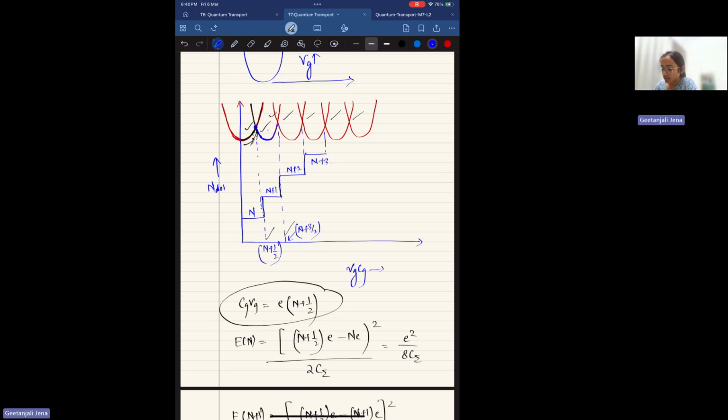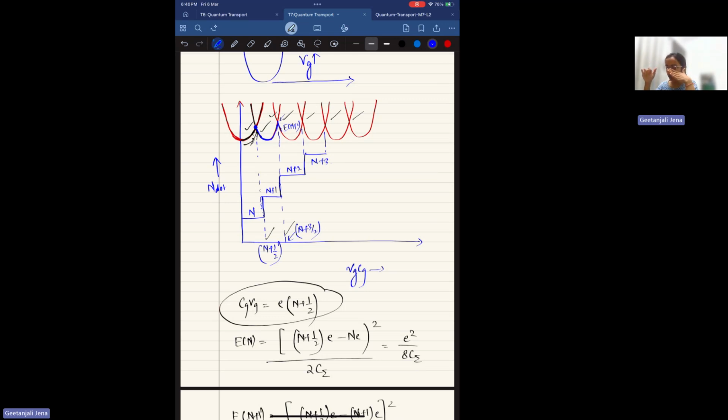It will stay in the n plus 1 state until the next energy level, En plus 2, becomes favorable. Again, at the touching point, they have the same energy. The electron will now tunnel because the gate voltage is such that it is properly aligned with the source.